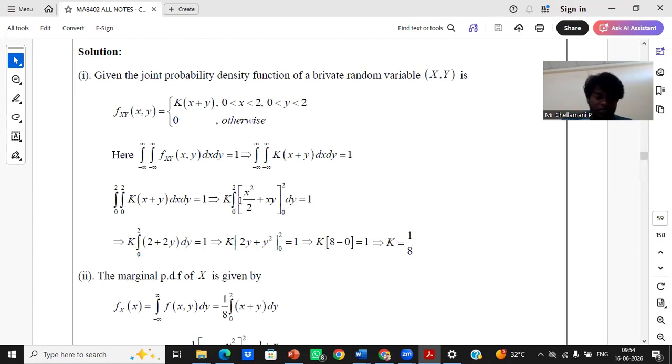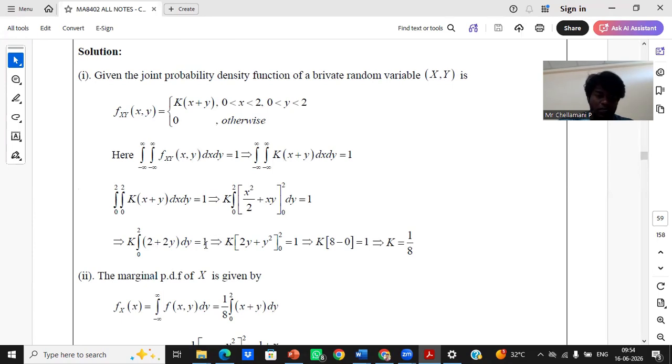Integrating with respect to x, we get x squared by 2 plus xy. Substituting the upper and lower limits, we get 2 plus 2y, dy. Here the total probability value is 1.